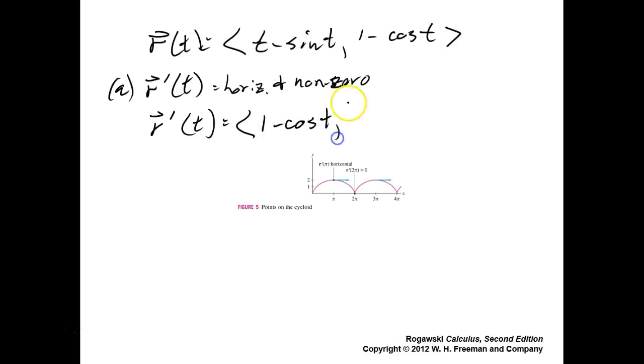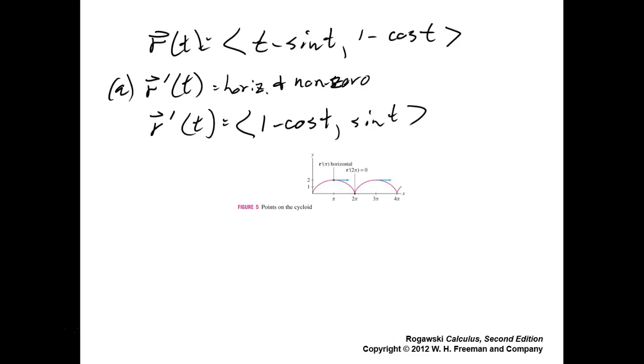That's correct. That's the first component. And then that would just be sine t. Okay. There is your parametric equation for your vector equation for your first derivative function.